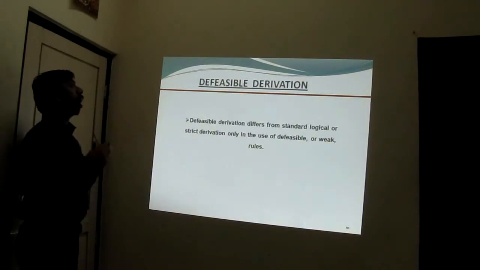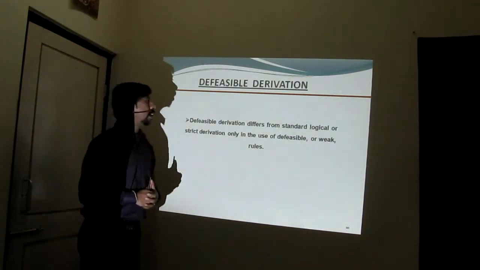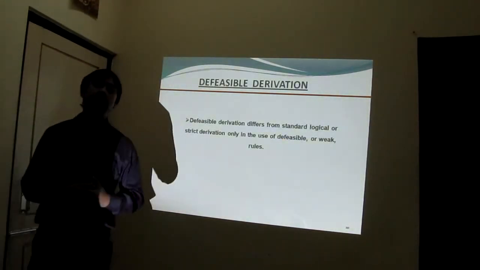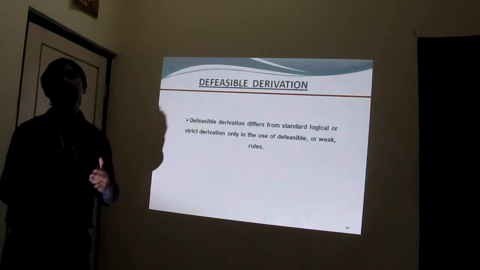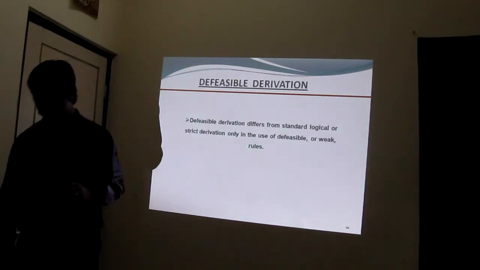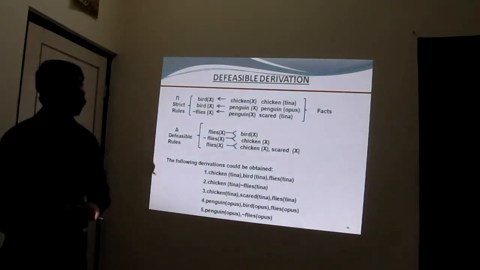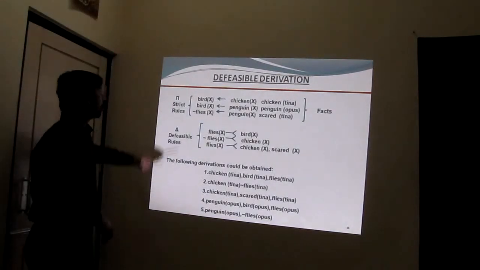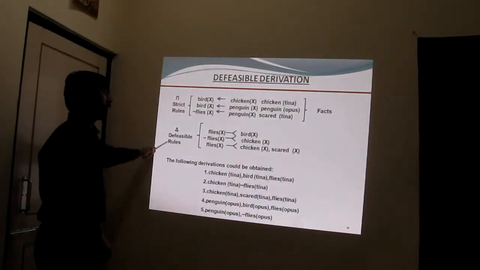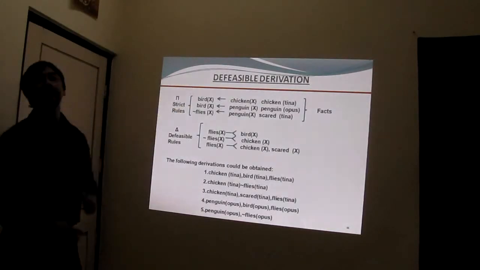Now we'll see how defeasible derivations are different from standard derivations, because here we consider the defeasible or weak rules in the derivation process. This is a small defeasible program where we have three strict rules, three defeasible rules, and three facts.